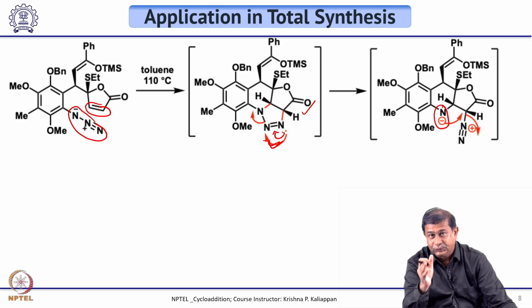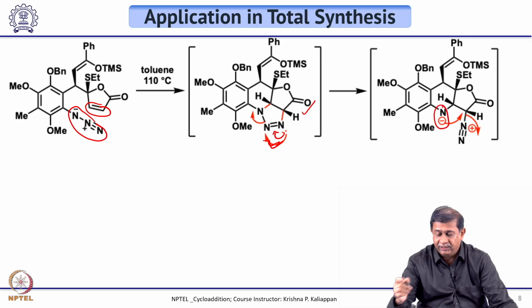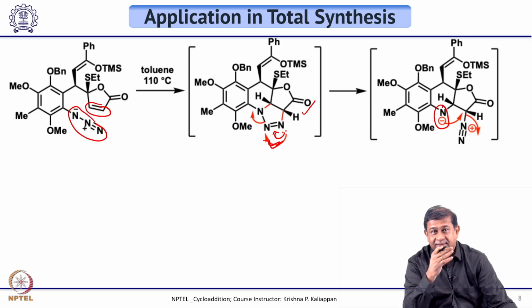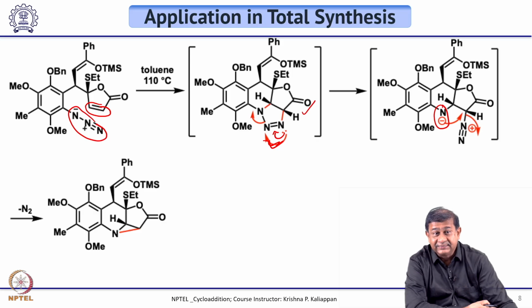As you know, N2 is a good leaving group. The N minus can intramolecularly attack and kick out the N2. That means from 1,2,3 triazolene you can make aziridine.